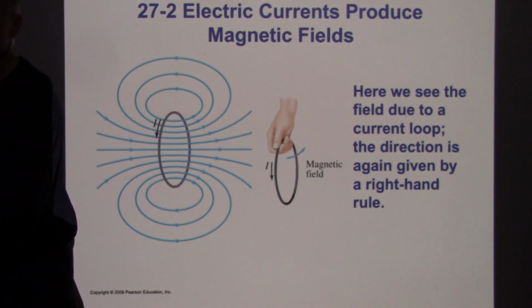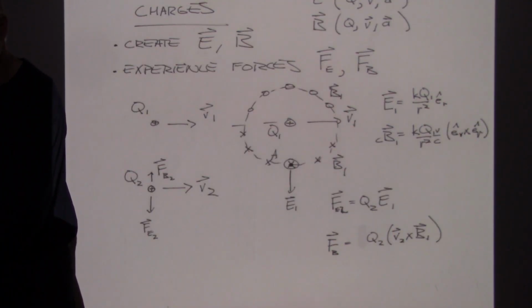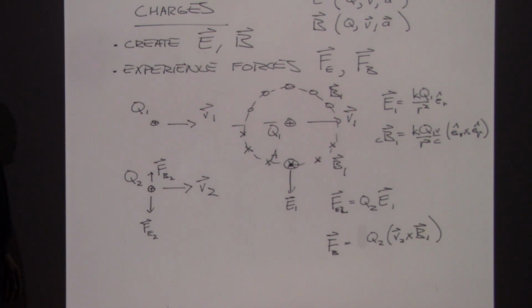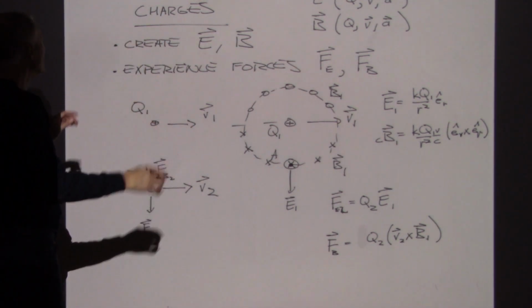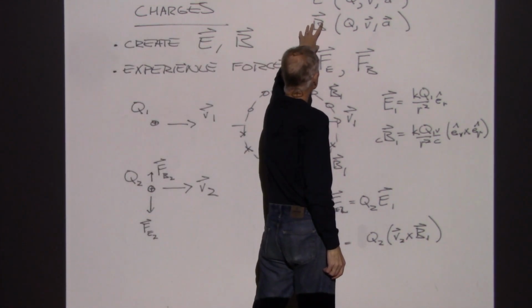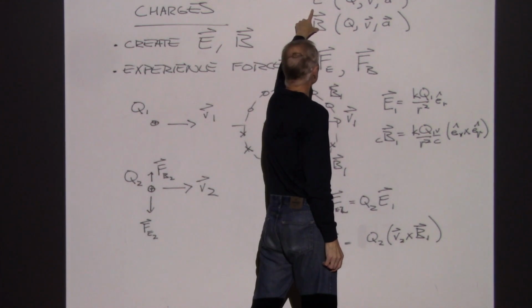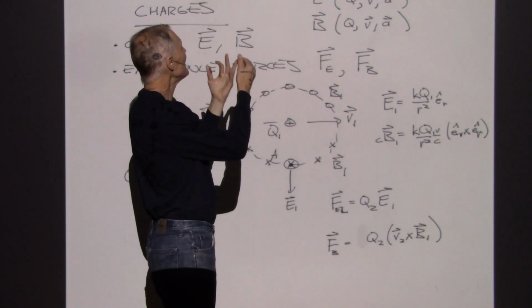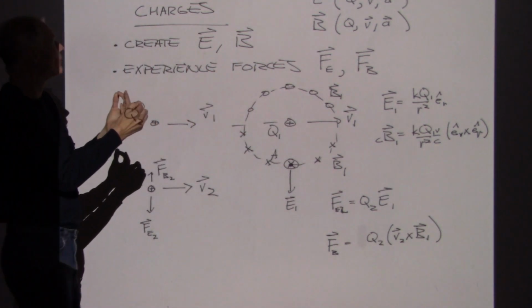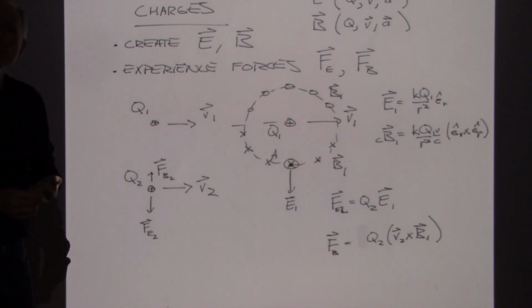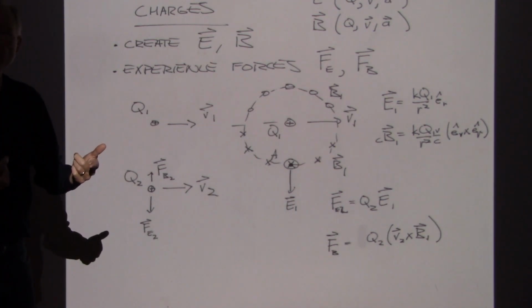All right, so we can generate different shaped magnetic fields by using loops of current. So kind of the big picture with electric and magnetic fields is that to determine what the electric field looks like, I need to know how much charge I've got, I need to know how fast the charge is moving, and it turns out the acceleration will also create additional effects.